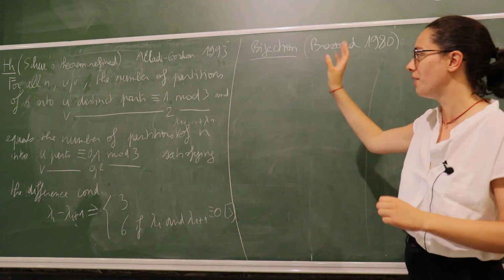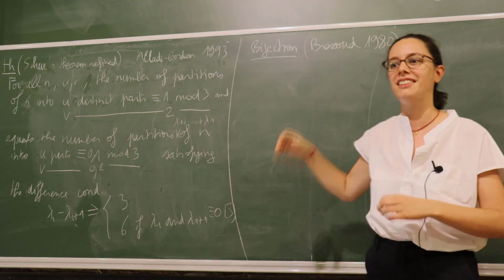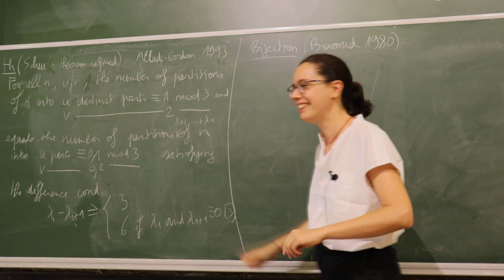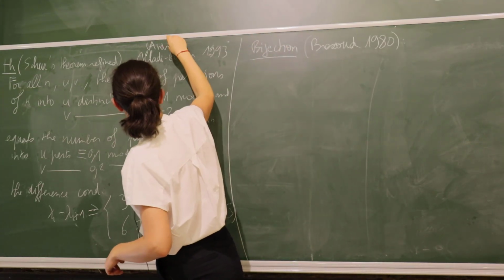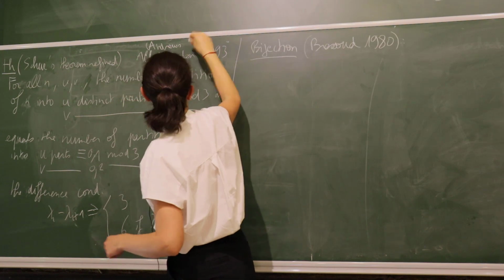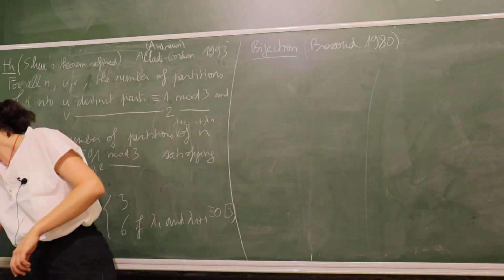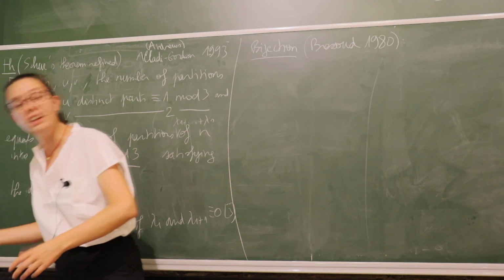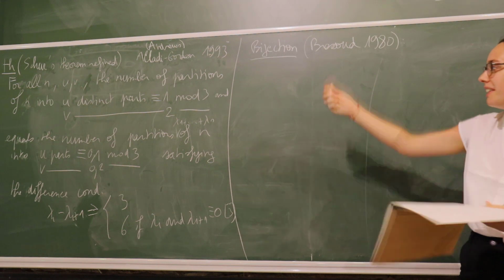Even from just one letter in the refinement, you could already get that idea. So this is why. I can add Andrews here maybe, but I forgot the exact year.